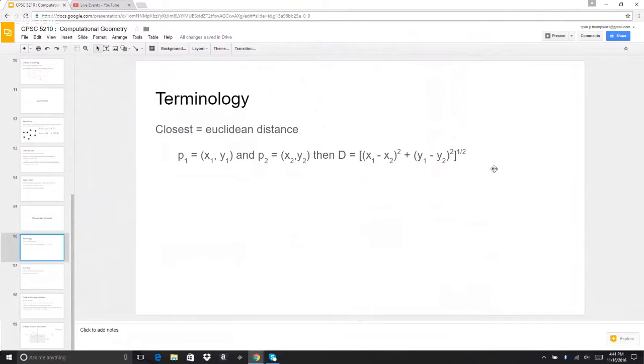This Euclidean distance is one way to calculate distance. There are others that have been mentioned in other literature, such as city block and some other ways to calculate distance. So here, we'll stick with the Euclidean definition to determine the distance between 2 points.